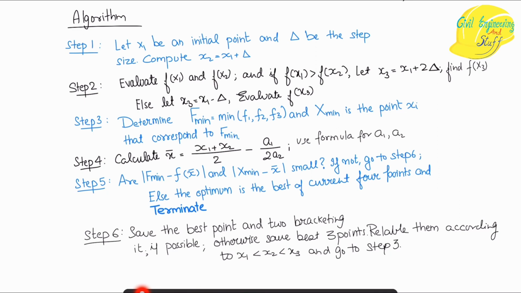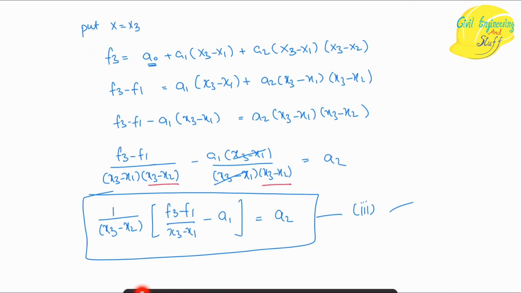After this we will find the x bar, the minimum of the quadratic polynomial function that we have fitted. So your x bar will be equal to (x1 plus x2) by 2 minus a1 by 2 a2. The a1 and a2 values we have found in the derivation.